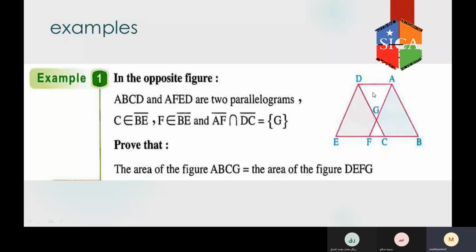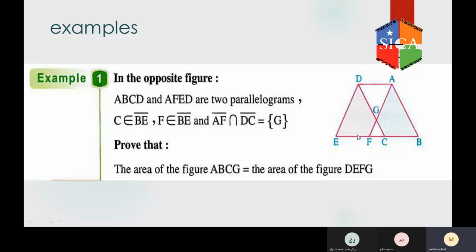The two parallelograms here have a common base, which is AD. We need another condition, which is AD parallel to EF. Then, he said ABCD is a parallelogram. Then AD parallel to BC. And AFED is a parallelogram, then AD parallel to EF.